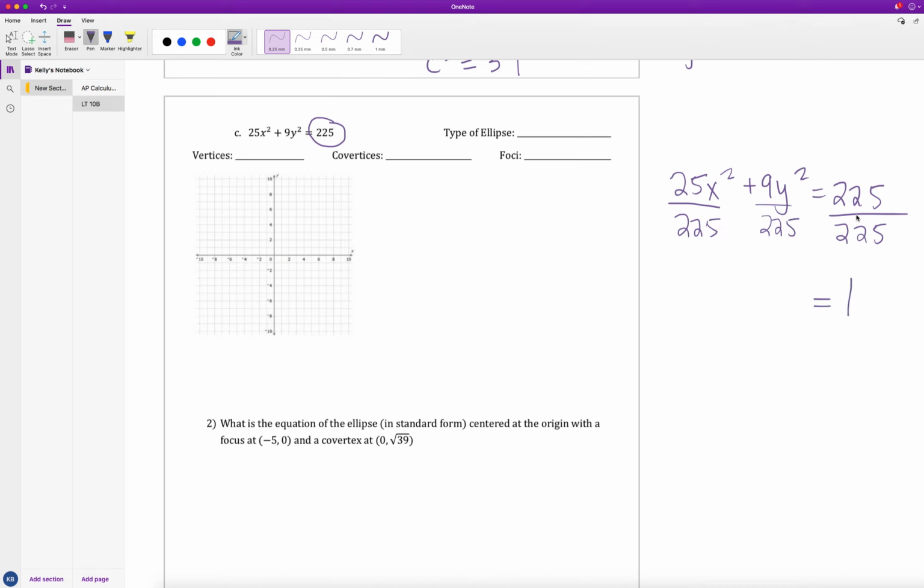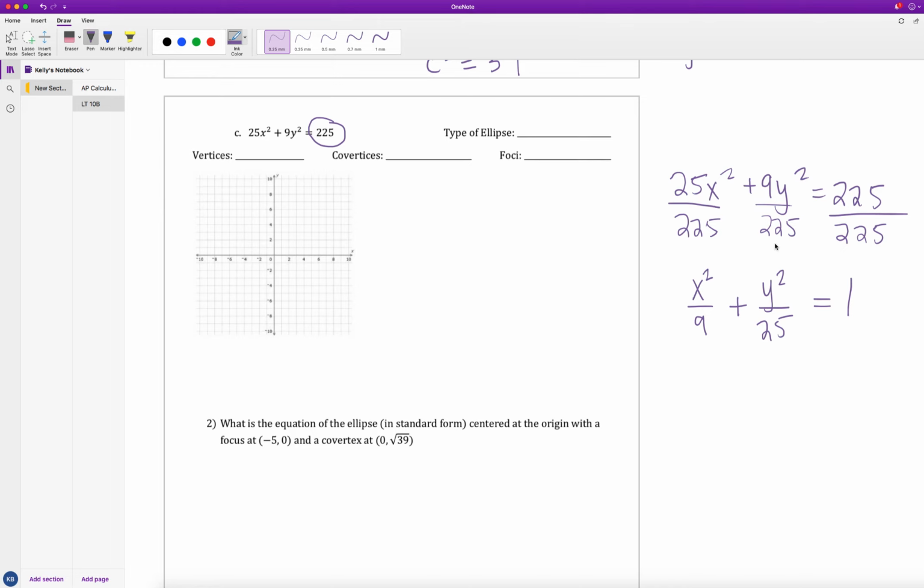Now on the right side, that's going to be nice and equal to 1. On the left side, I need to reduce these fractions. So 25 over 225 is actually equal to 1 over 9. So I get x squared over 9. The reason being is because 25 goes into 225 9 times. And on the other guy, I end up getting y squared over 25 because 9 goes into 225 25 times.